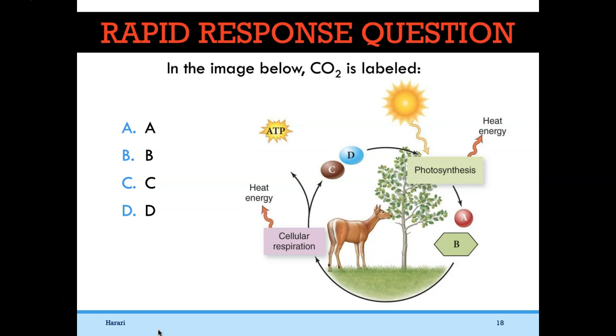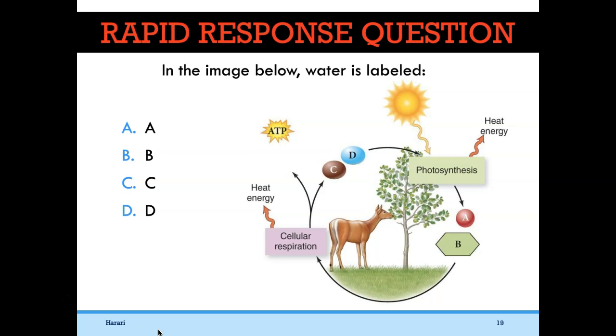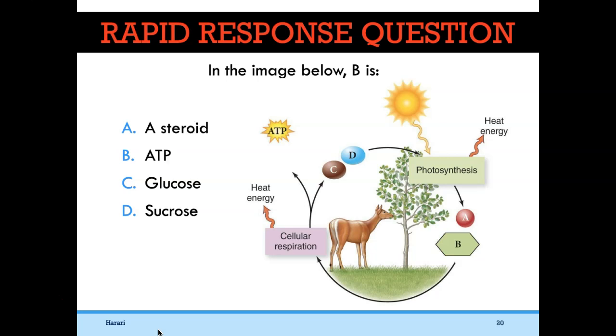Where is CO2 labeled? So the answer is C, is CO2. Water is labeled D. And what is B? The answer is glucose.